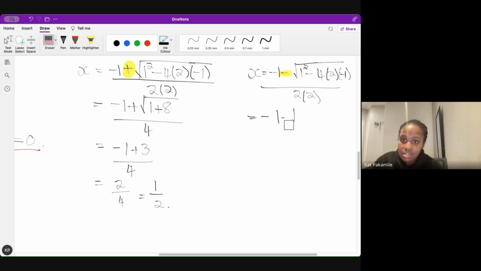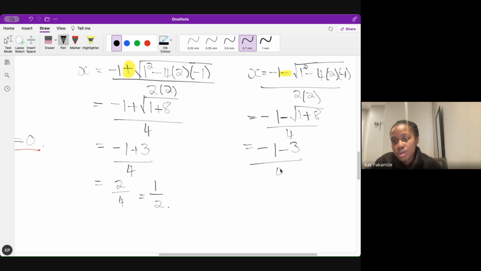I just said that's the difference and then I mess it up. 1 plus 8 over 4, which is negative 1 minus the square root of 9, which is 3, over 4. What is negative 1 minus 3? Negative 1 minus 3, that's negative 4 divided by 4. Therefore, my second solution is negative 1.